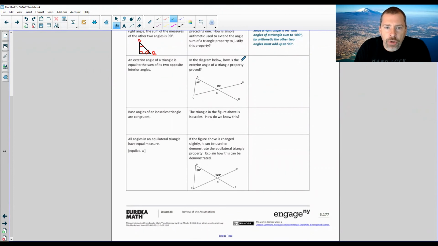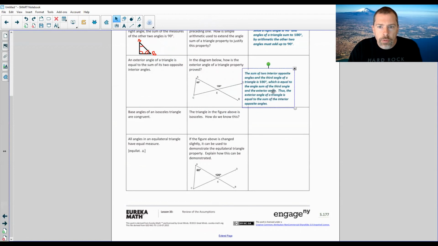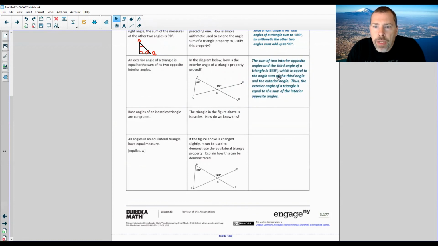In the diagram below, how is the exterior angle of a triangle property proved? Okay, so again, this is lengthy. Let me bring it in. Okay, the sum of two interior opposite angles and the third angle of a triangle is 180.